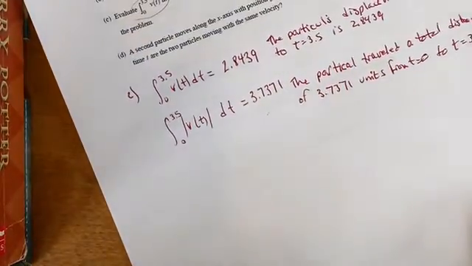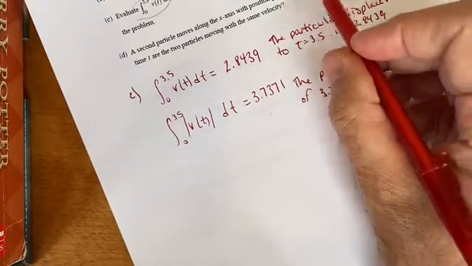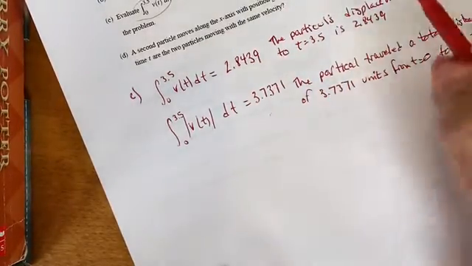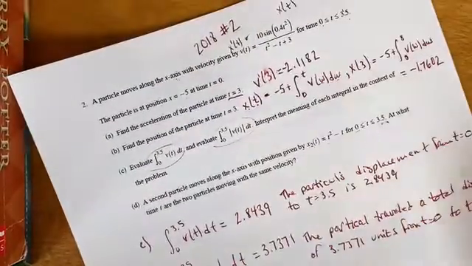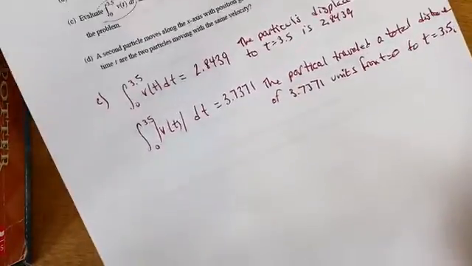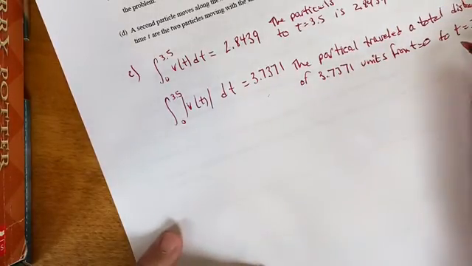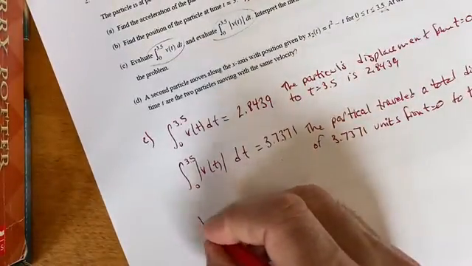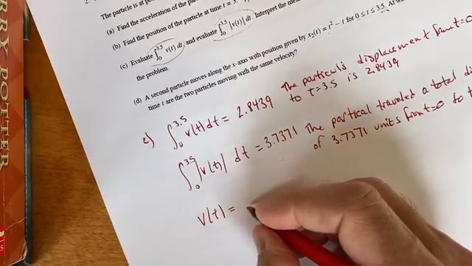And D, a second particle moves along the x-axis with a position. So there's a new function for the position. Same time interval. And what is the time that the two particles have the same velocity? So the velocity of the first one, v of t, has to equal the velocity of the second one.